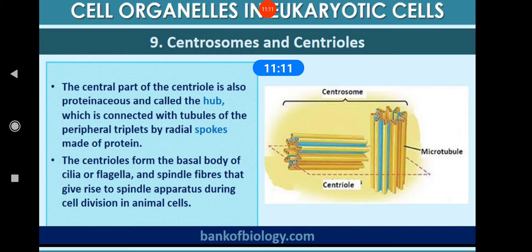The centriole and spindle fibers give rise to the spindle apparatus during cell division in animal cells. So what are the functions of these? They form the spindle fiber which moves towards the pole at the time of cell division. Thus they play a very important role in the movement of the chromatids, and also they help in the formation of cilia and flagella of the cell.